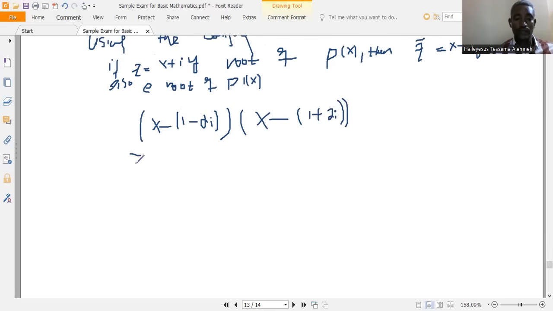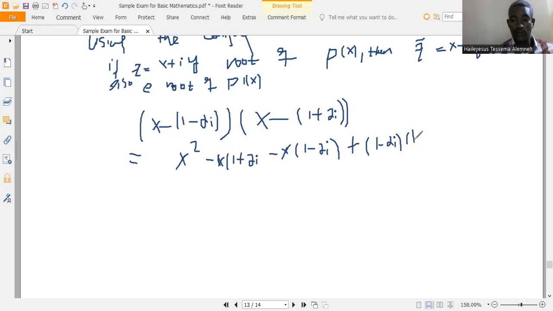The product will be x times x, which is x square, x times this one is minus x times (1 plus 2i), and this one minus x times (1 minus 2i), and this one, which is positive (1 minus 2i) times (1 plus 2i).